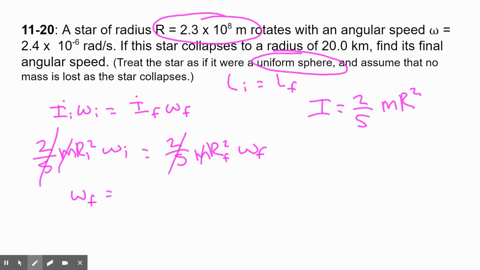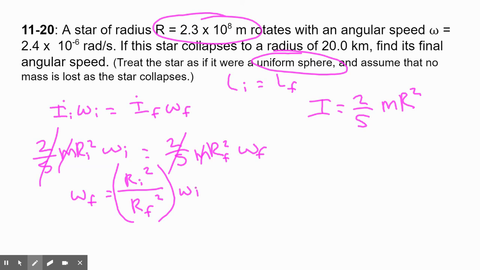So let's rearrange our equation so that it is easy to see. Our final speed is equal to our initial radius squared divided by our final radius squared multiplied by our speed initially.